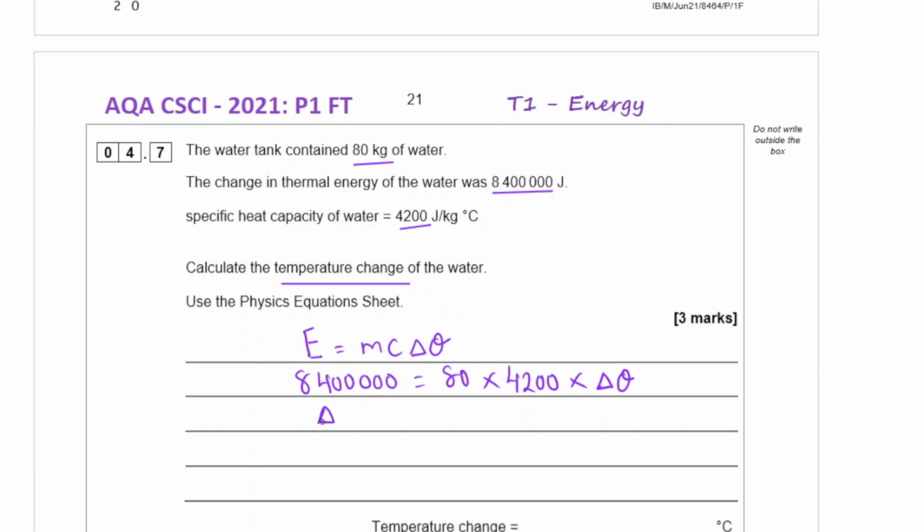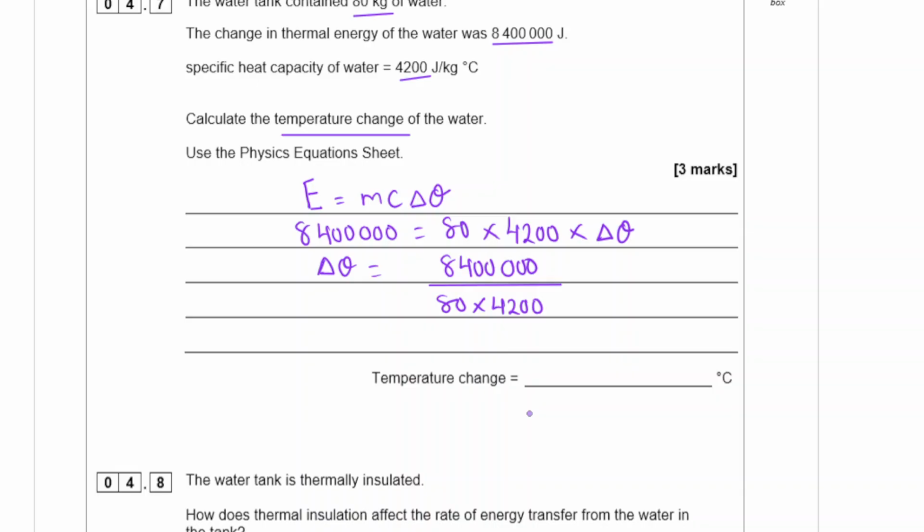Rearranging the equation, delta theta is equal to 8,400,000 divided by 80 times 4,200. That gives me 25 degrees Celsius.